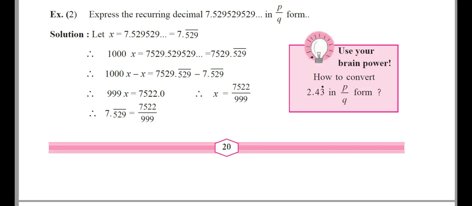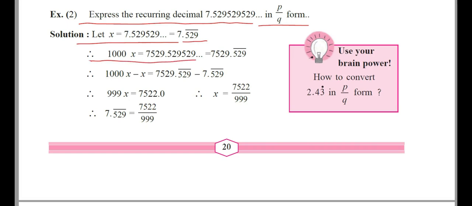Express the recurring decimal 7.529529529 in P upon Q form. In this case the repeating group of digits is 529. Let us multiply on both sides by 1000, then 1000x is equal to 7529.529.